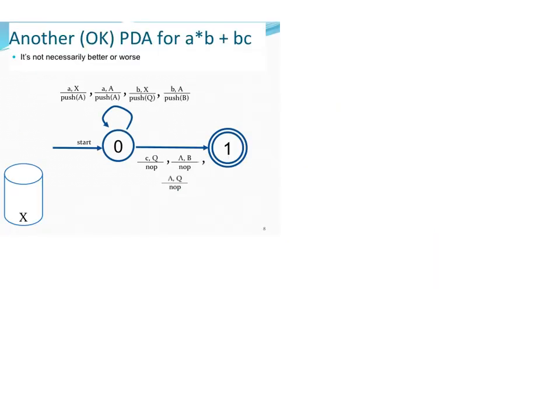Okay, so let's make sure that the string BC is in the language, because we want that to be in the language, right? So we start at state 0, we have BC, and our stack starts as the empty stack, which is just the letter X. If we look at our options here, the only one we can take is this one, because we have a B as our letter and an X at the top of the stack.